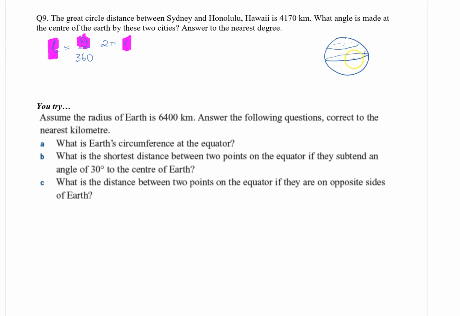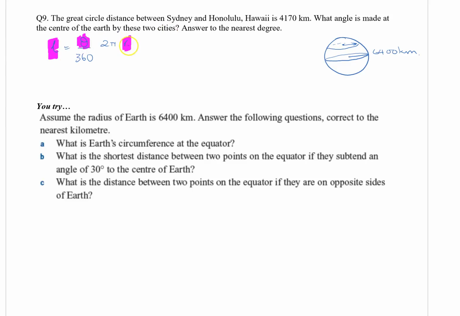On the equator the radius was 6,400 kilometres, and that's what we're going to use for all great circles. But when we're up here on a small circle, the radius is much smaller. So the radius is a possible component that could vary.